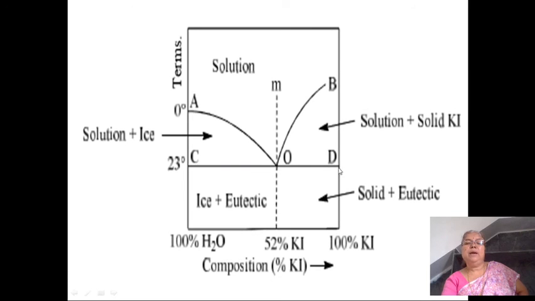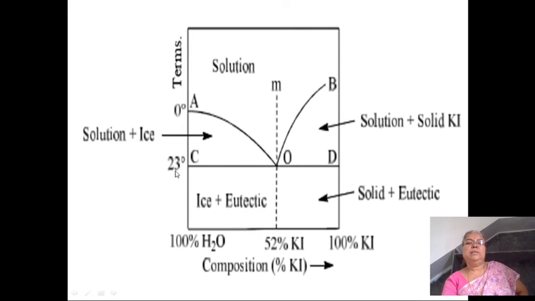So this line CD is called the solidus, because two solid phases, here ice and here solid KI, coexist.